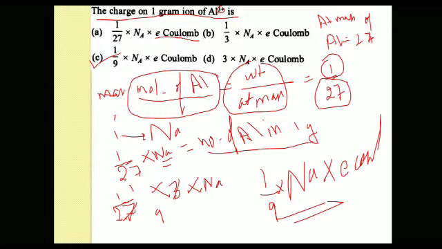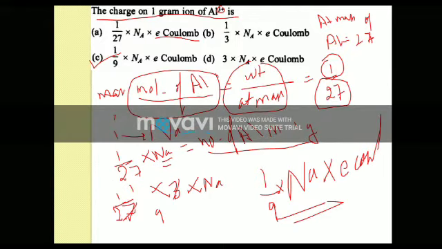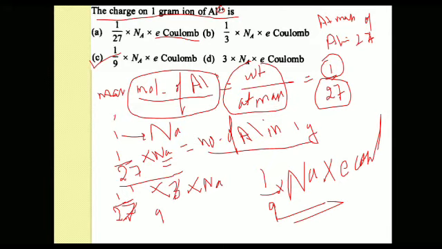So 1 by 27 will have 1 by 27 into Na aluminum atoms in 1 gram. Now you have to multiply it with how many electrons are lost. 3 electrons are lost. If you multiply it by 3, you will get 1 by 9 and then multiply it by the electron charge.